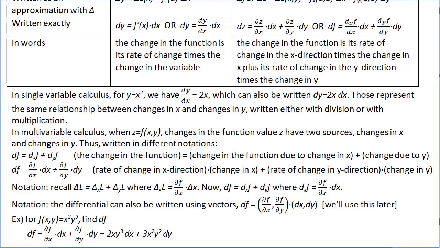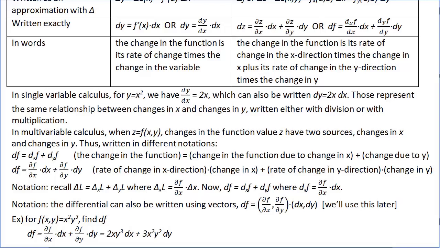So partial df dx is 2xy cubed. Partial df dy is just 3x squared y squared. And then just plug that in. So df equals 2xy cubed times dx plus 3x squared y squared times dy. So for now, we can just think of this as a formal calculation. We're going to be using this more extensively later on.